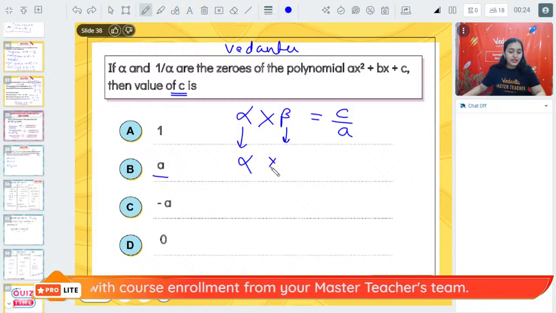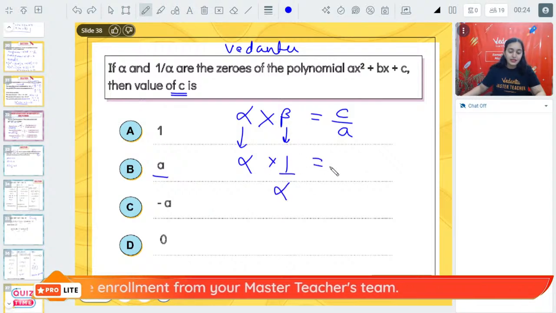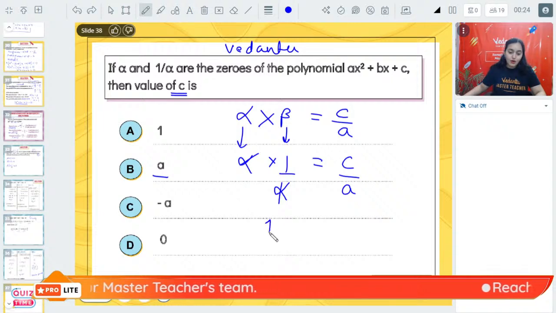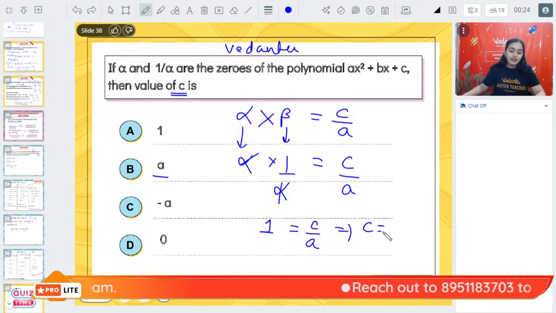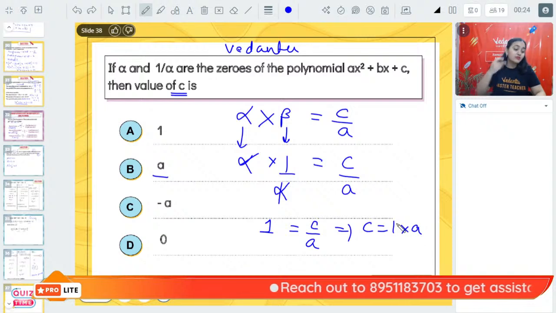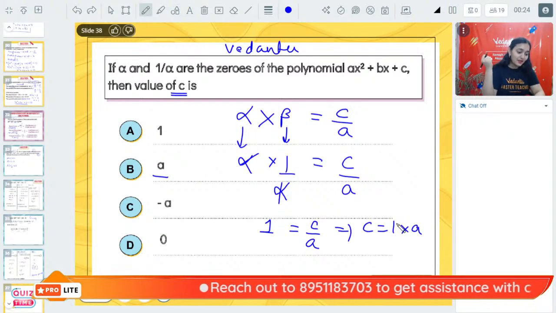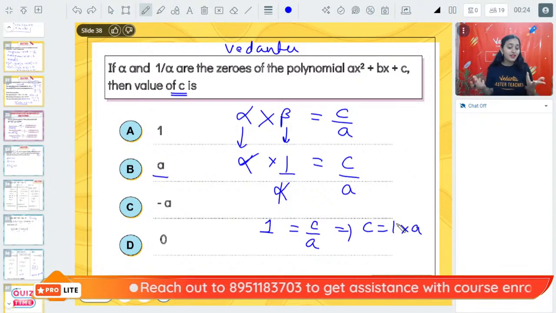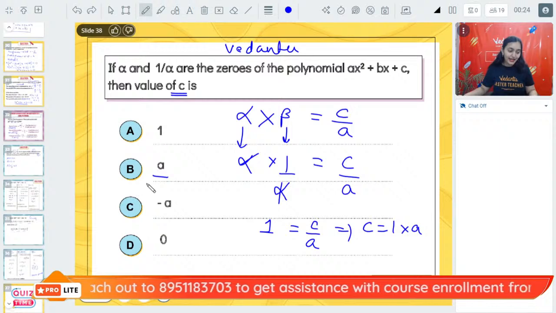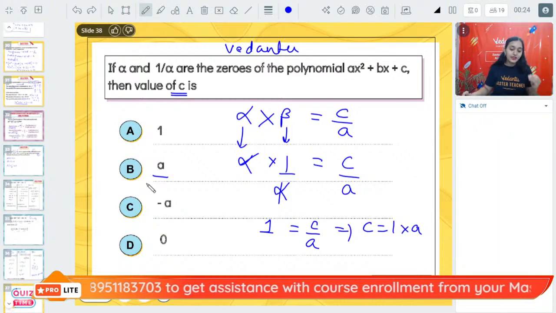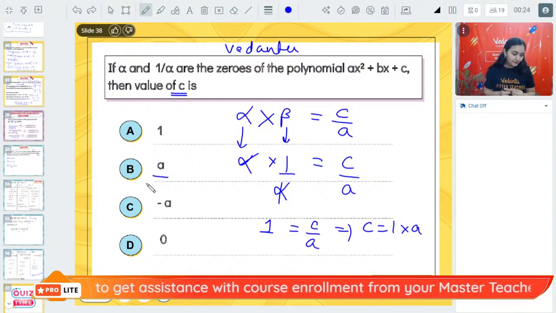What is the value of beta? 1 upon alpha is equal to c upon a. Alpha alpha cancel. 1 is equal to c upon a. This implies that c is equal to 1 into a. A. Did you understand? Why 1? It will be A, right? Once you solve this, you get A. Okay?